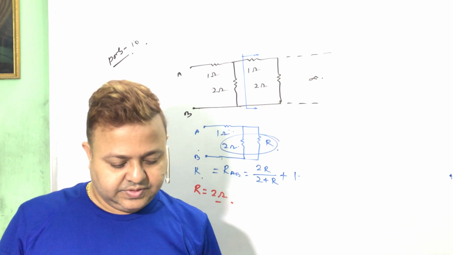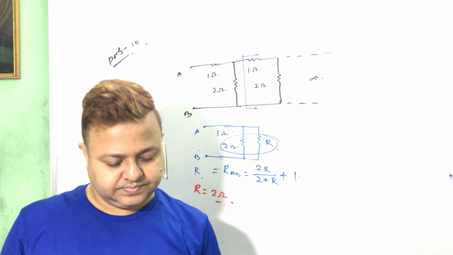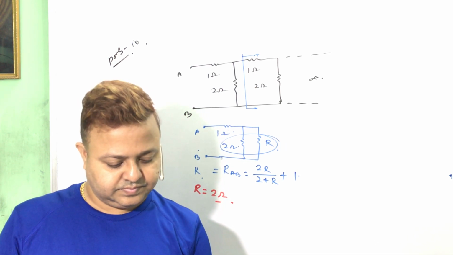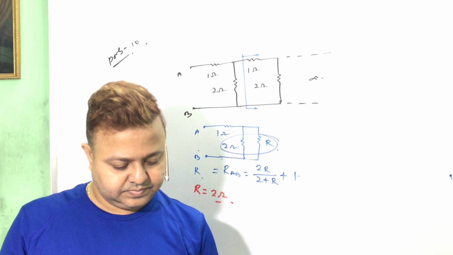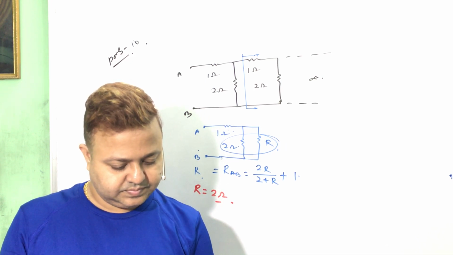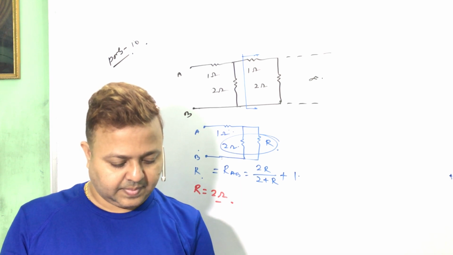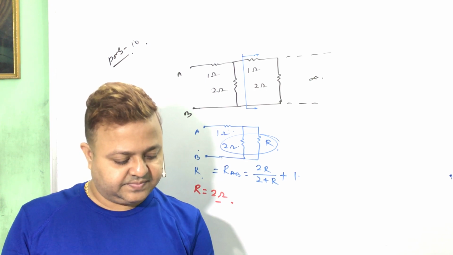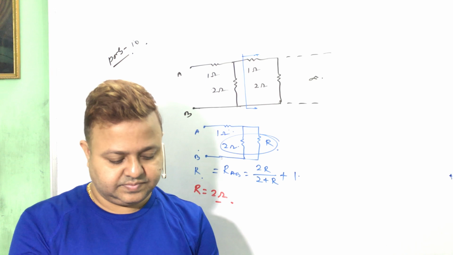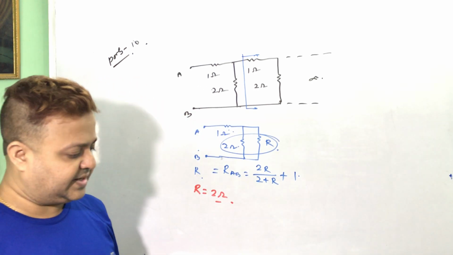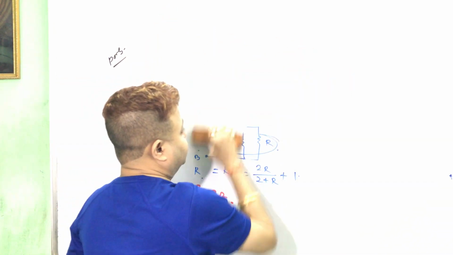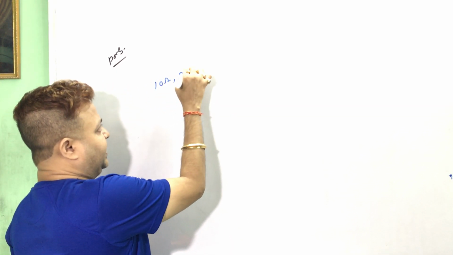Next one. The rating of a galvanometer is 10 ohm, 20 milliampere.